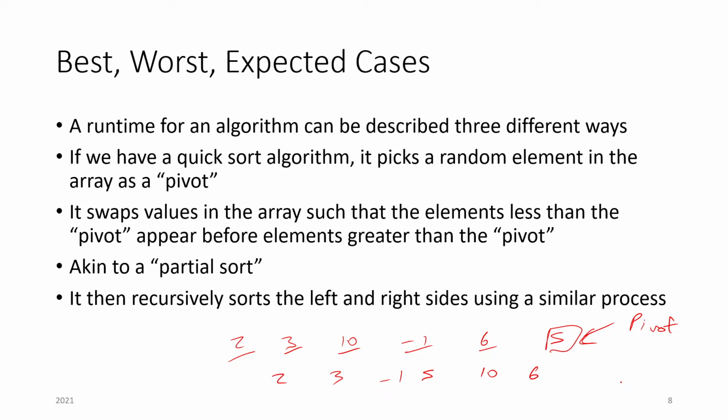But that's basically the gist of how the quicksort algorithm runs until it sorts all the values in their proper order. What we're going to look at in particular is what's going to be our best, worst, and expected cases for this sorting, as it keeps on repeating until we get the entire array sorted from the least value to the most value.